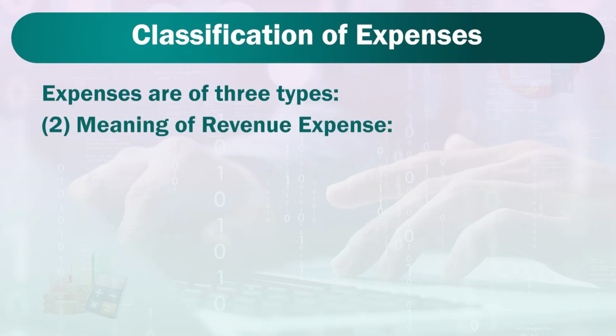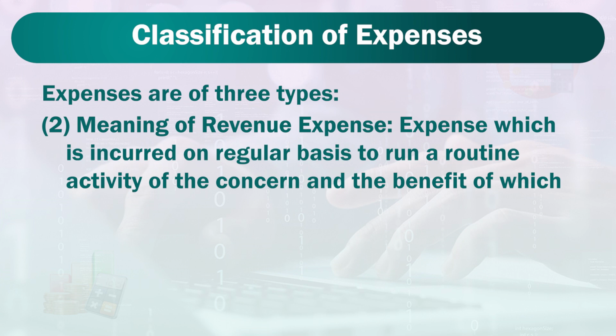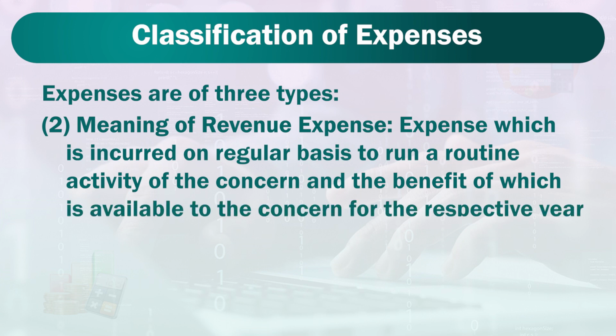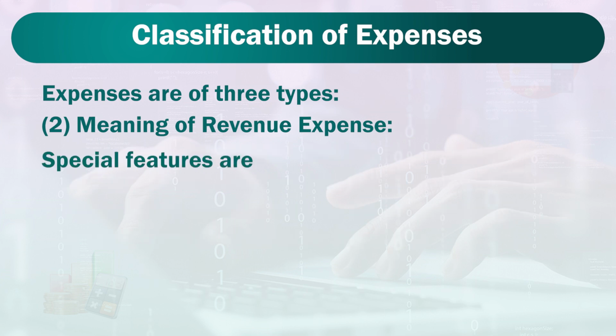Second, meaning of revenue expense. Expense which is incurred on regular basis to run a routine activity of the concern and the benefit of which is available to the concern for the respective year only is known as revenue expense. Special features are 1.